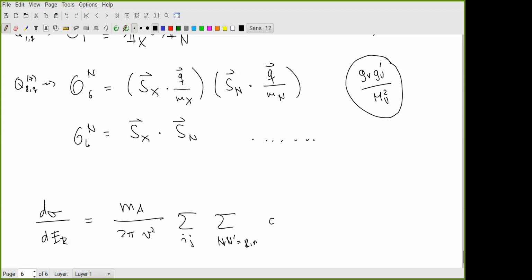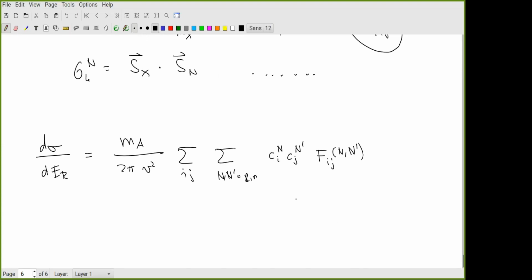And they come with coefficients c_i^n, c_j^n prime, and then form factors or matrix elements of these operators inside the nucleus. They are given numerically in the paper that is cited in the lecture notes. So these are just functions of the momentum transfer. And once you have these functions, and in the lecture we have learned how to calculate these coefficients using this tower of effective theories, you have solved the problem, let's say, in a very general way.